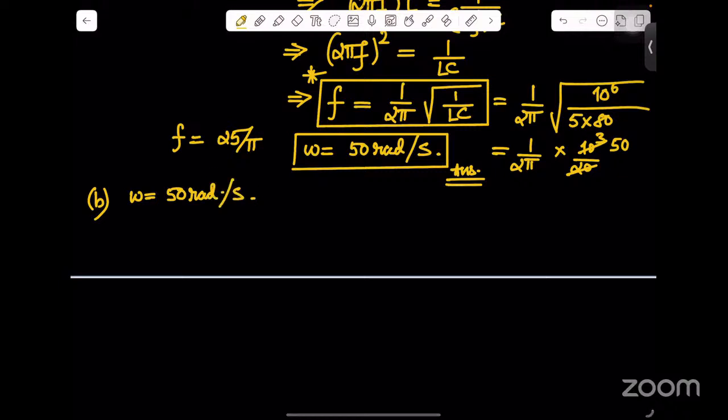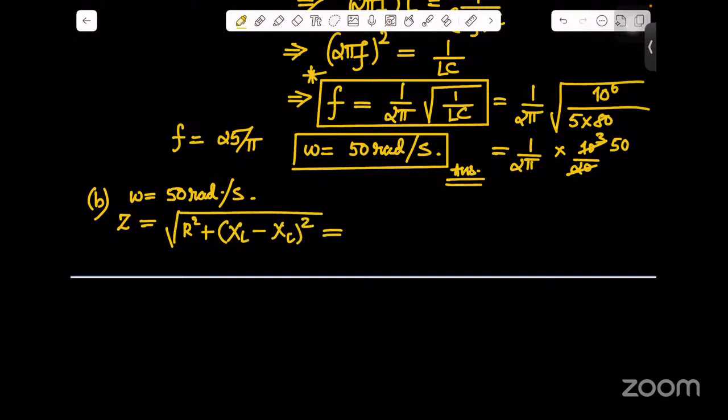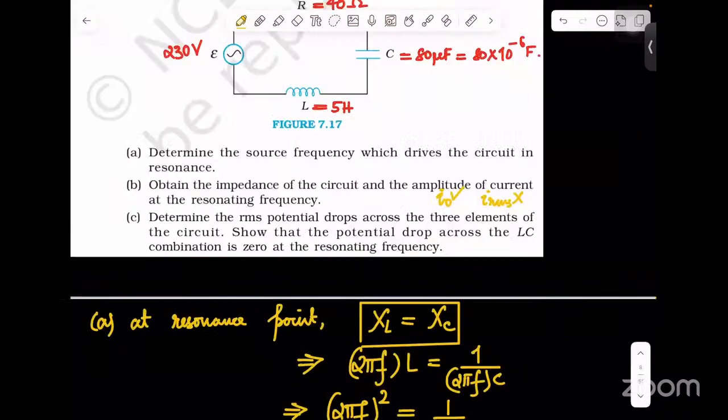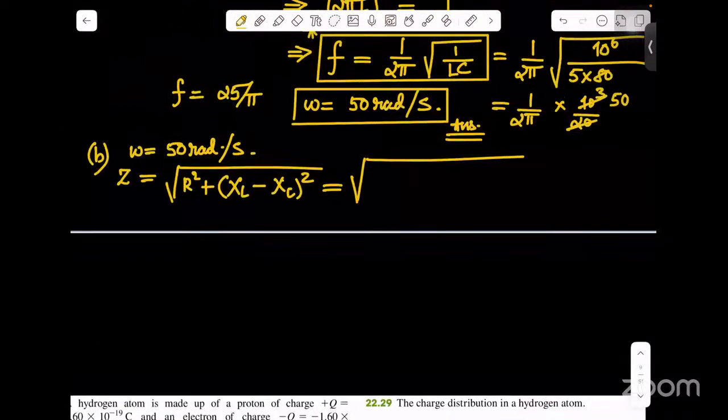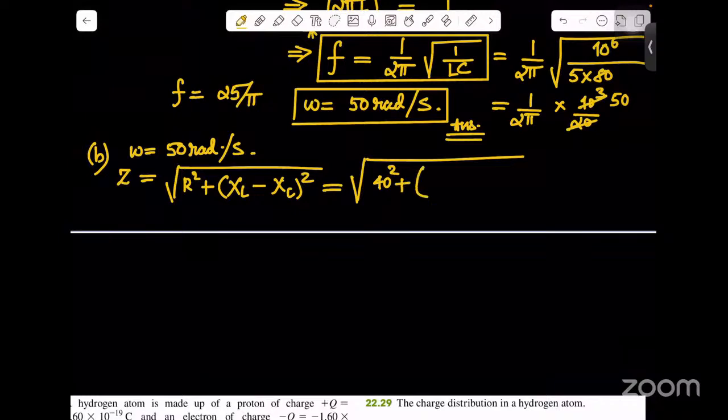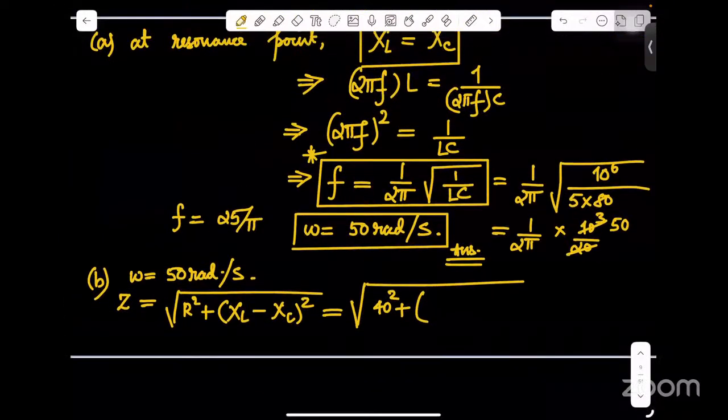So the impedance would just be the square root of R squared plus (X_L minus X_C) whole squared, right? So R is 40 squared plus X_L, which is omega times L, right?